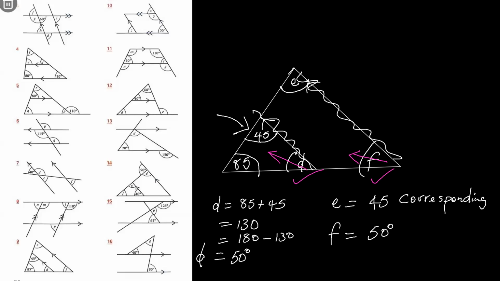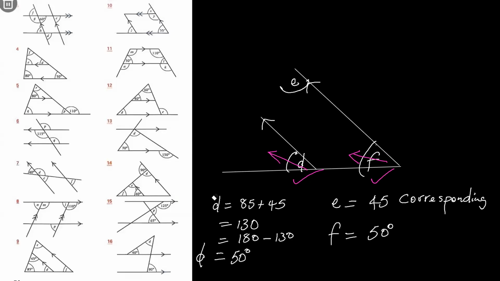So since they are parallel to each other, if I take off this line, forget about this. This and this correspond. It forms an angle here, but look, the angle here too. They are exactly the same. What makes it tricky is this line.